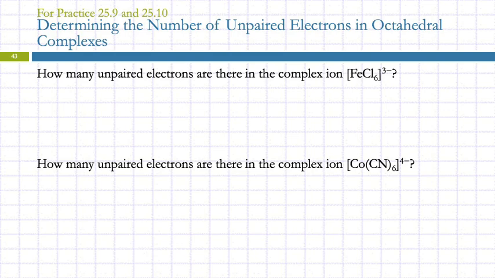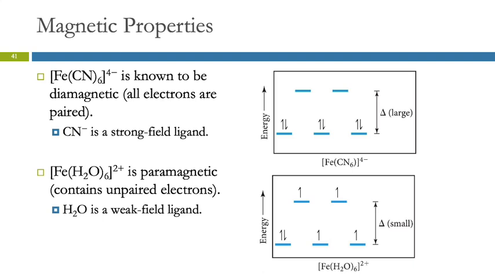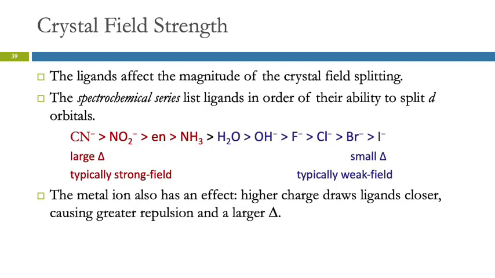How many unpaired electrons are there in the complex ion hexachloro iron 3? So we need to know how many electrons there are in that iron 3 ion, right? We need to know if chlorine is a high field or low field, strong field or weak field. And again, aren't you glad you don't have to memorize this?